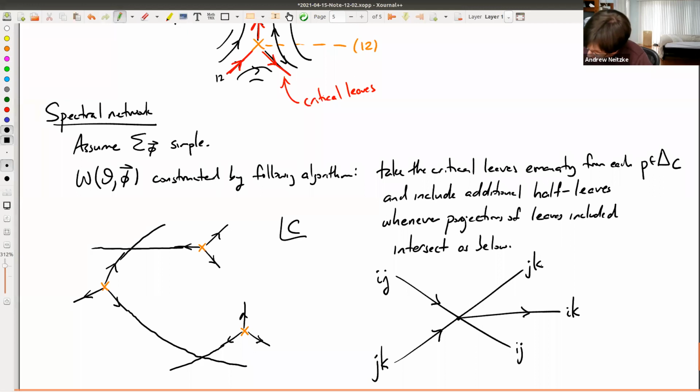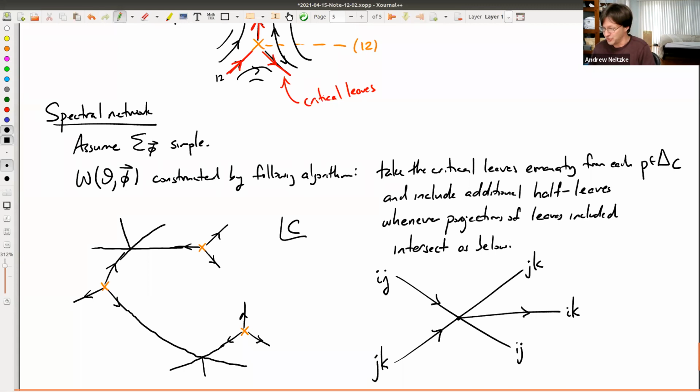Whenever I have an intersection like this, there is the potential to create a new half leaf, which then also travels around the surface, and it may intersect with other ones. Every time they intersect in this pattern, IJ and JK, you generate a new one, and you continue that process. You could take the smallest collection of leaves closed under that process.